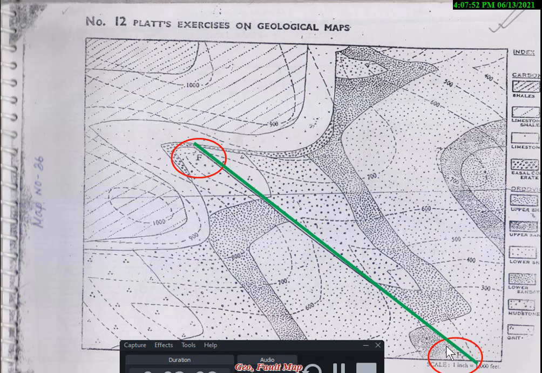Okay, one question I think comes to your mind: why is this line not a fault line? This bed also disappears here, and also disappears here. So it's also like a fault, but this is an unconformity line.